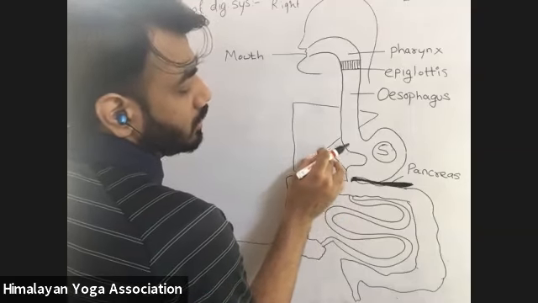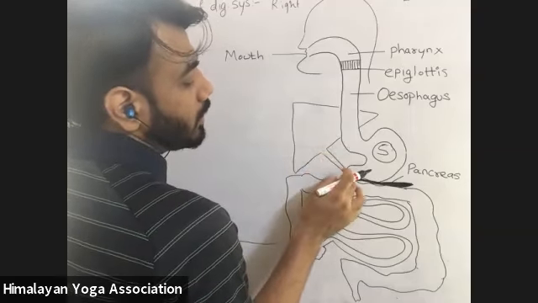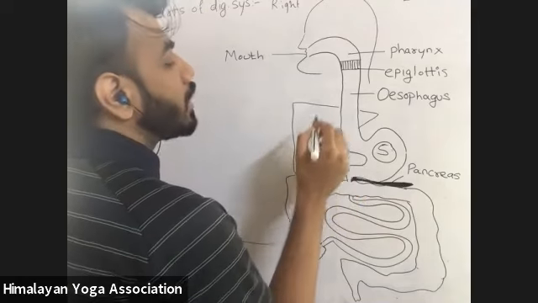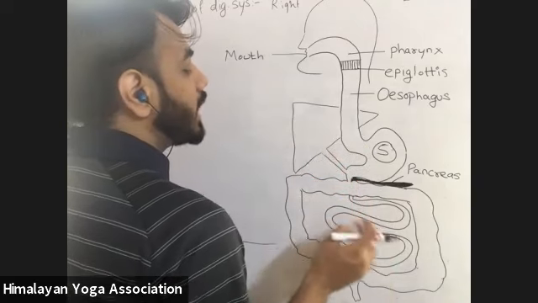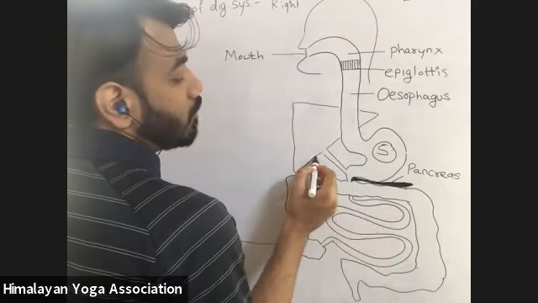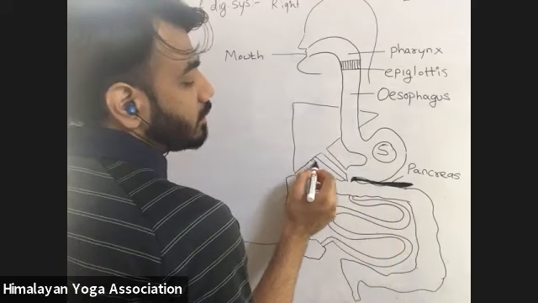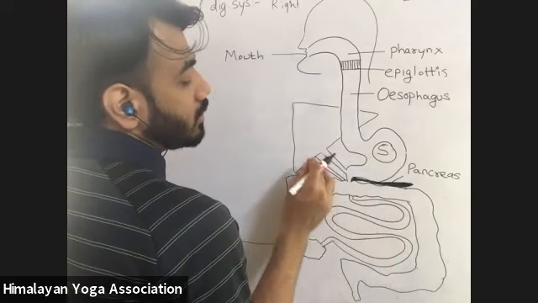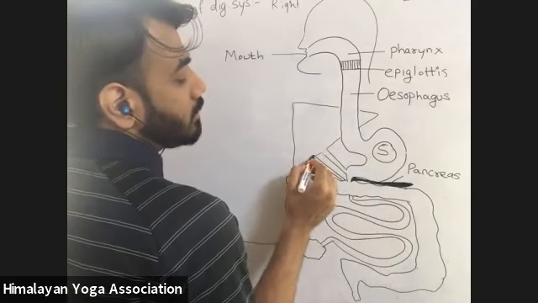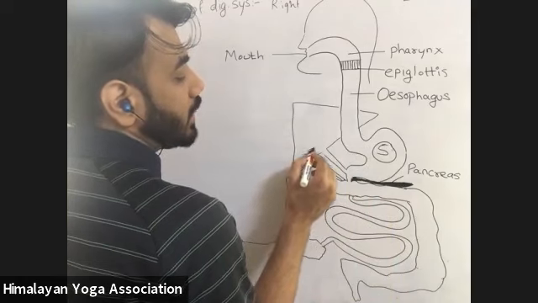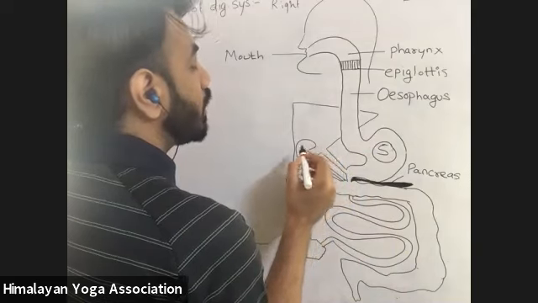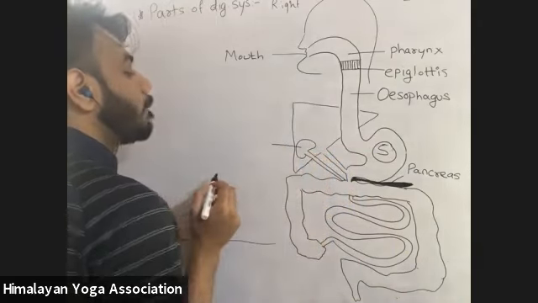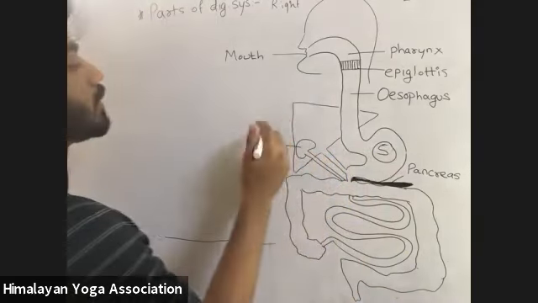Whatever the liver produces will be sent to this duct for the chemical digestion, and whatever is sent back will be stored here in the gallbladder. That is nothing but our bile, which we will study later when we talk about the liver.